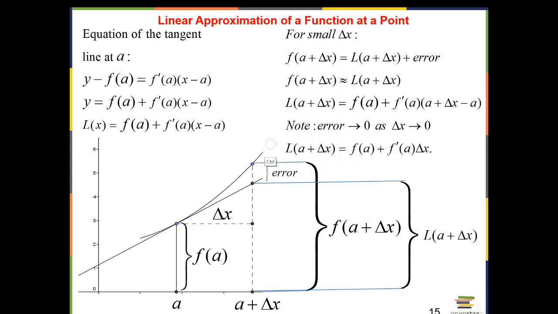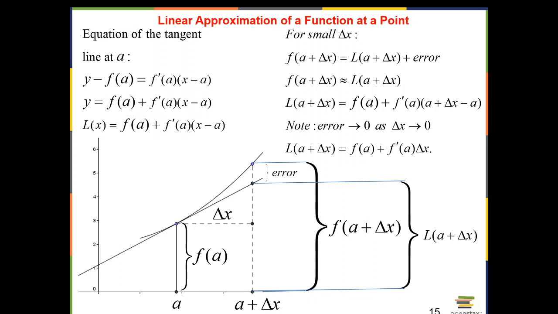But that distance right here is actually the y coordinate on the function when x is a plus delta x. So as I described, the equation of the tangent line turns into y equals to f of a plus f prime of a times x minus a.